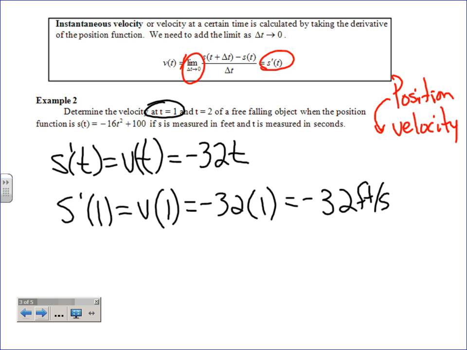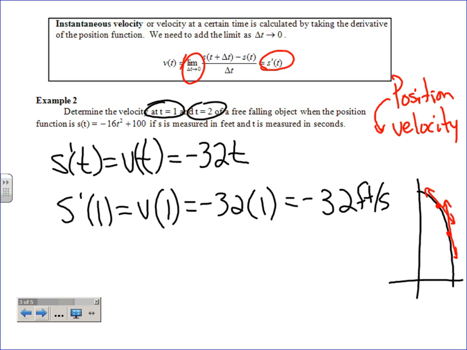How about at time 2? Let's see if you can give me a general idea on this one. Do you agree it's the same graph as the first one? And t equals 1 was up here at about 84 or something like that. So you just told me that the slope right there is negative 32. What do you think about this one at time equal 2? Is that steeper or less steep?